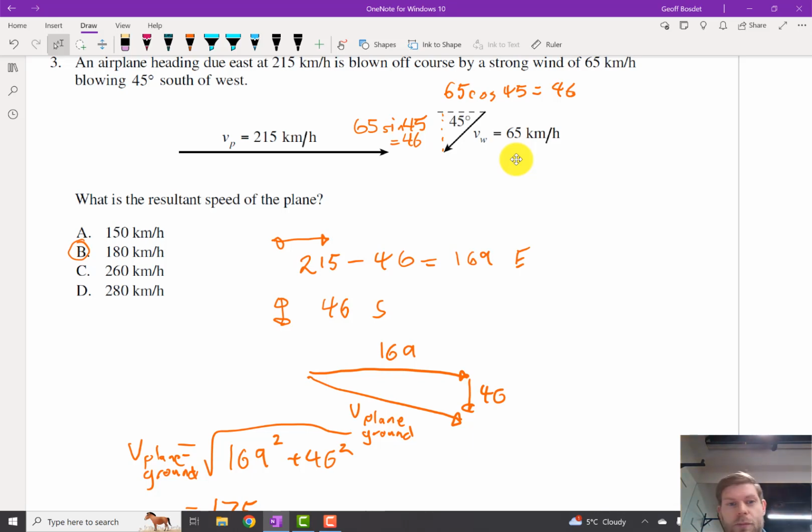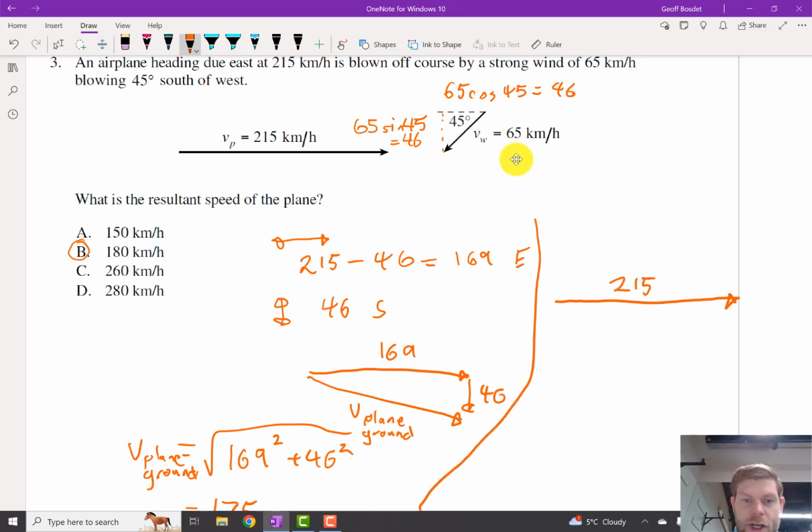Now that is one possible solution. The other possible solution, and probably the way I would do it, though this isn't bad, is cosine law. And in that case, you just got to draw your 2 vectors tip to tail. So we got our 215. So this whole business was how to solve it, and we've already solved for it using components.